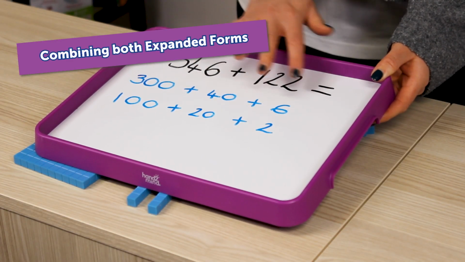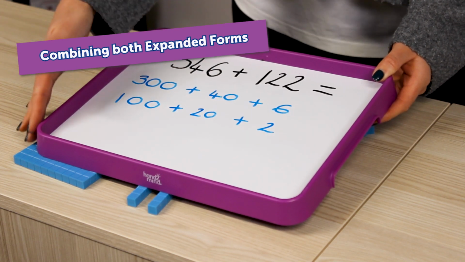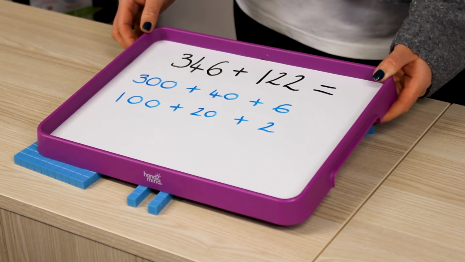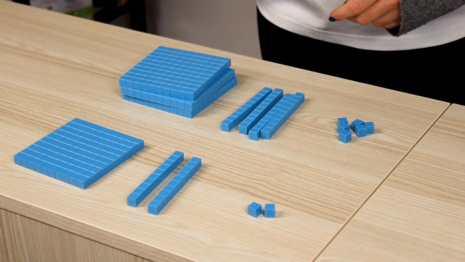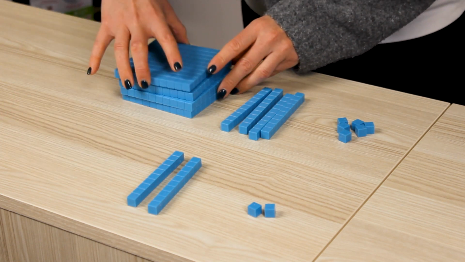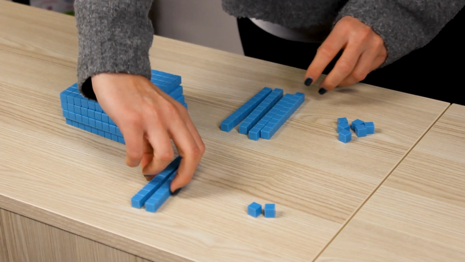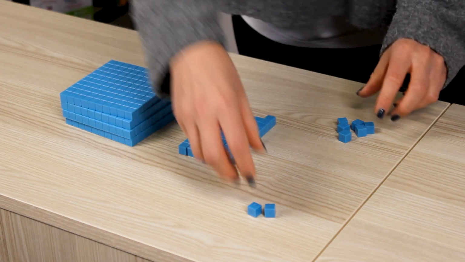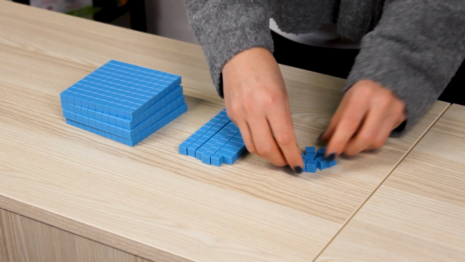So we have written out our expanded form after placing our base 10. Now what we're going to do is bring those together to show that we're adding them together. So we're going to bring our hundreds together, our tens together, and our ones together.